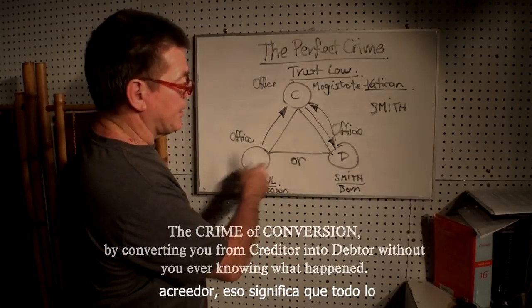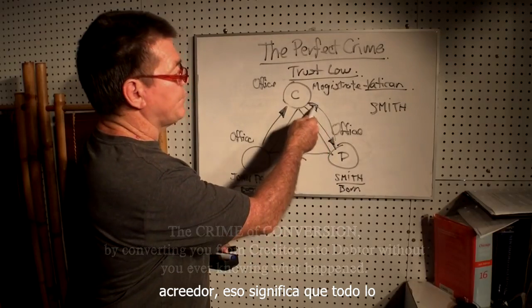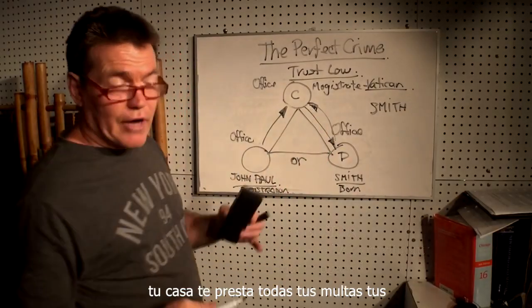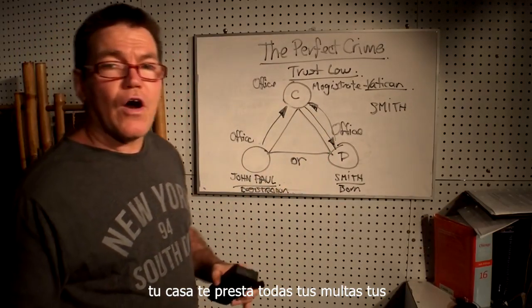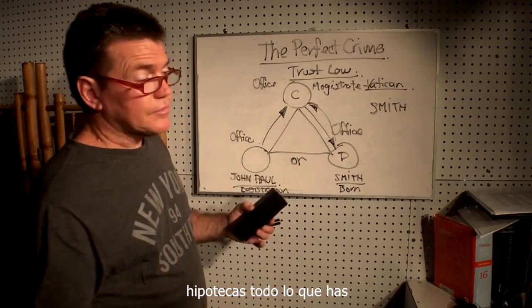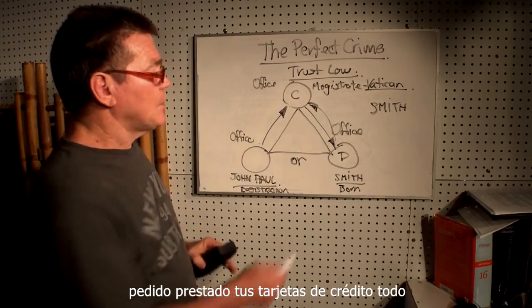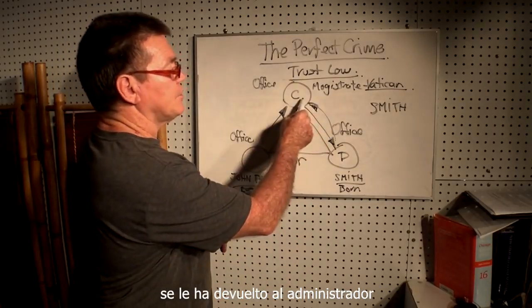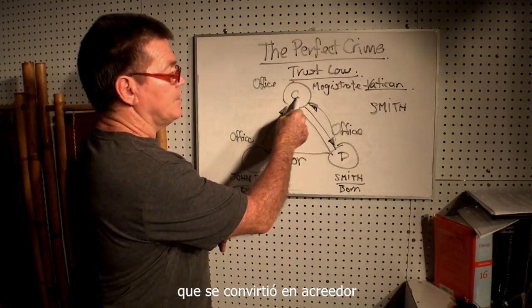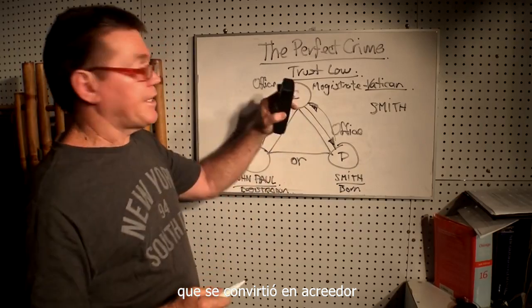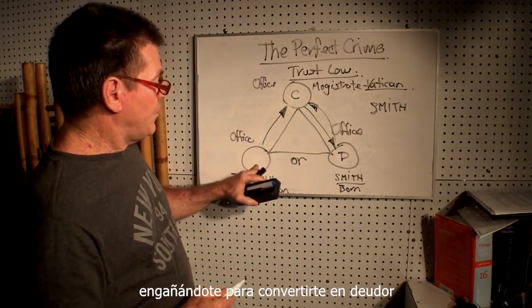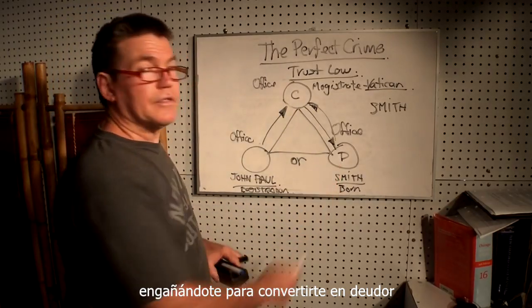There is no creditor. So that means that everything that's been paid for, that you've paid your house loans, all your fines, your mortgages, everything that you've ever borrowed, your credit cards, everything has been paid back to the administrator, who turned himself into the creditor by deceiving you into becoming the debtor.